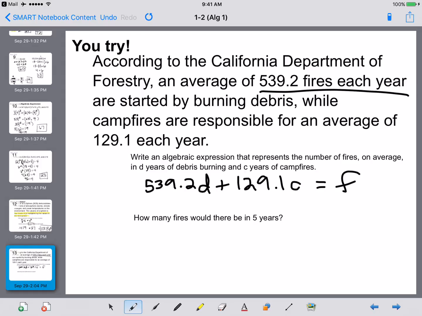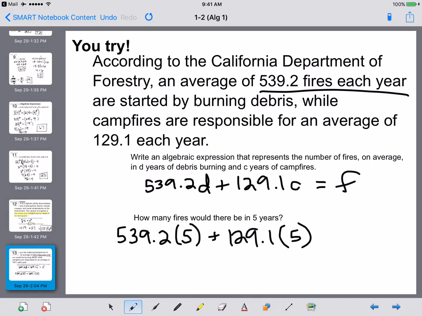It wants us to see how many fires there would be in 5 years. So we're going to replace our variables with 5. So 5 years of debris fires and 5 years of campfires. We're going to do our multiplication first.